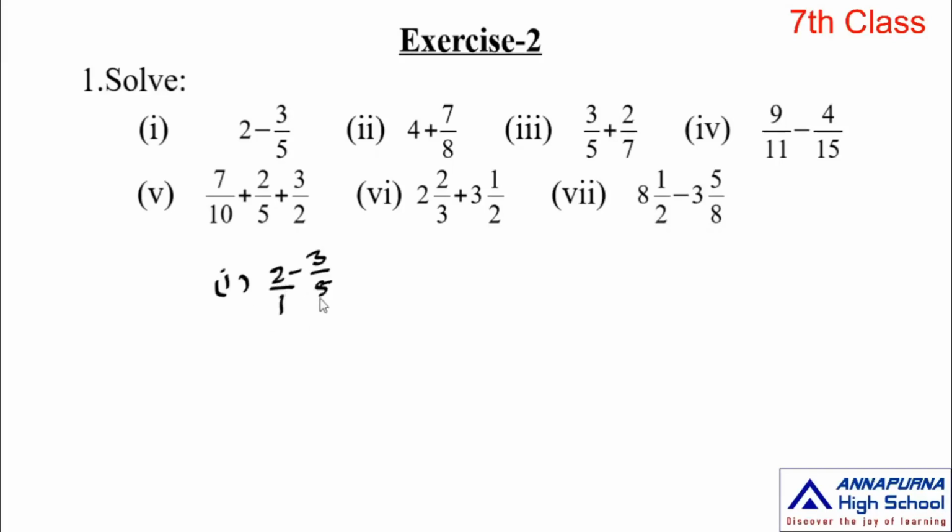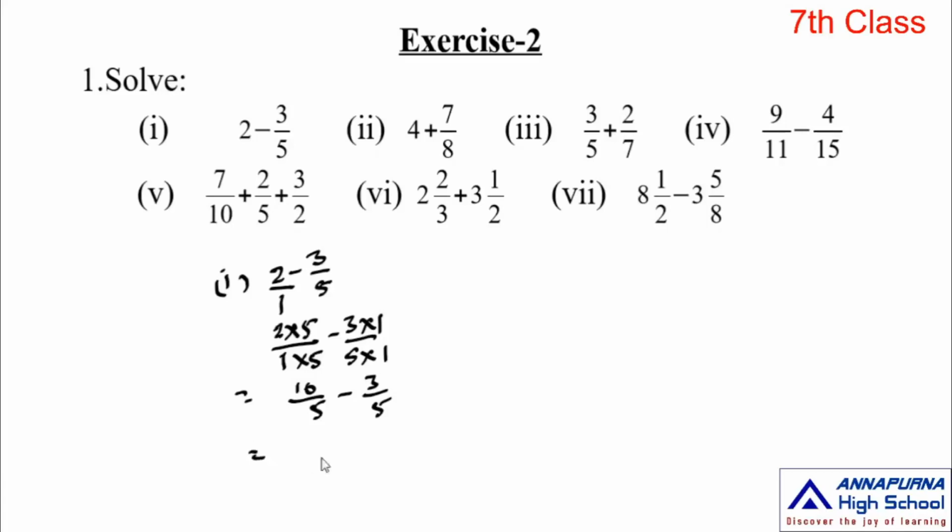So 2 into 5 by 1 into 5, just observe it, minus the second fraction, 3 by 5, multiply numerator and denominator by 1. Here 2 fives are 10 by 1 five is 5, minus 3 ones are 3 by 5. Now these two are like fractions.